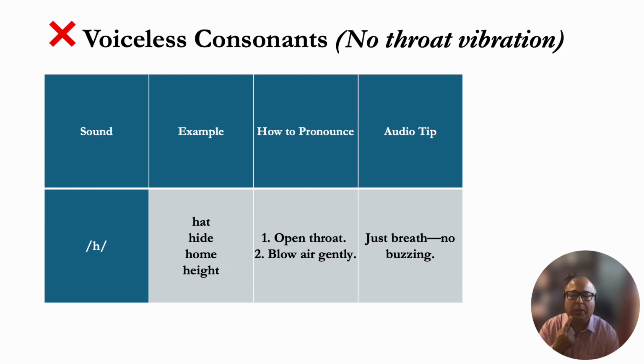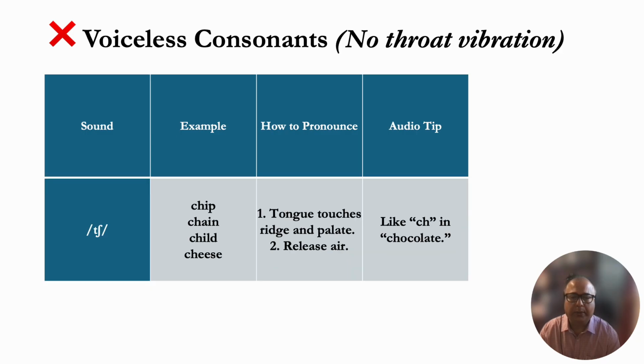Remember, there is no constriction, right? Nothing is blocked inside your mouth. Just air that comes out of your mouth. It just blows air gently, like as if you heard a funny joke and you're laughing. You're saying ha ha ha ha ha. So that is the sound. Just breath, no buzzing, like zzz, no. Okie doke.